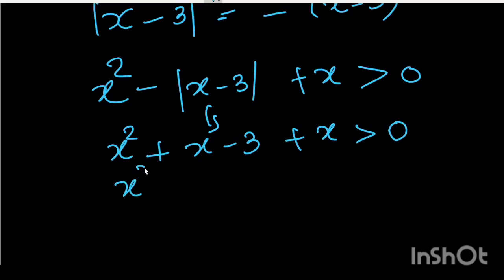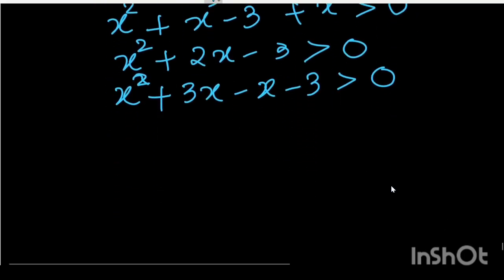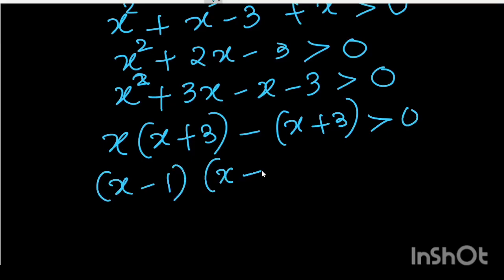So x square plus 2x minus 3 greater than 0. Fortunately, I think we can factorize this. So 3 into 1, so 3x minus x minus 3 greater than 0. Now taking x common, we got the factors here. The two factors are x minus 1 and x plus 3 greater than 0.